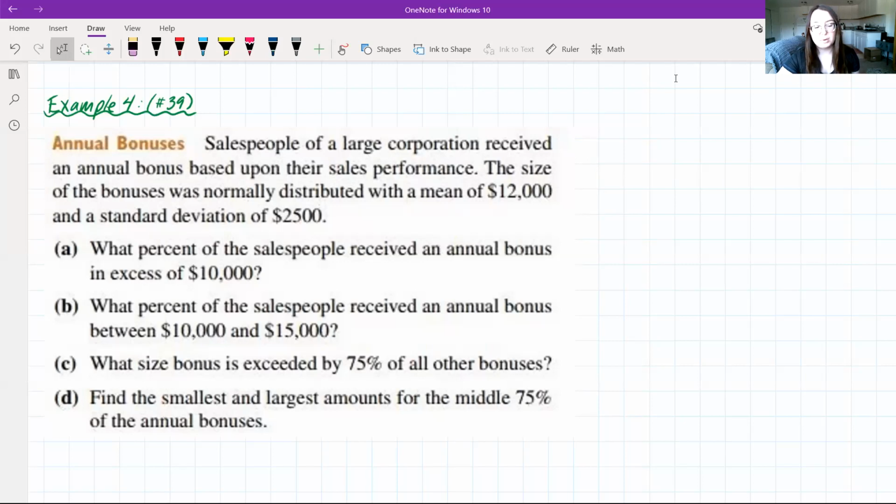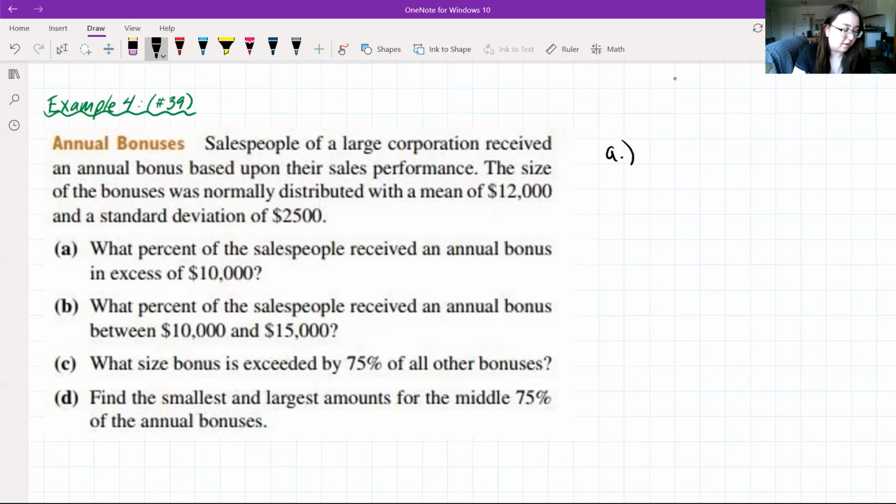Part B, what percent received an annual bonus between $10,000 and $15,000. Part C, what size bonus is exceeded by 75% of all other bonuses. And for part D, we're going to find the smallest and largest amounts for the middle 75% of the annual bonuses. So let's start with part A.